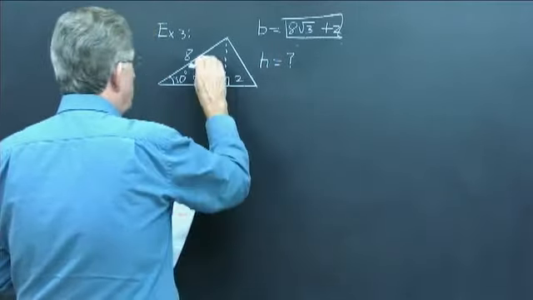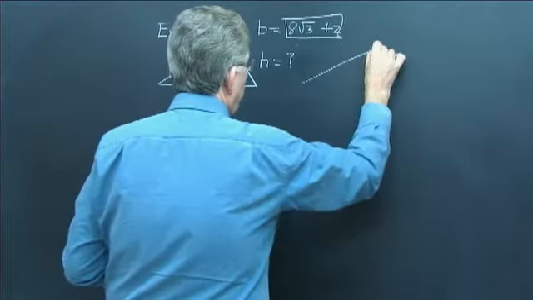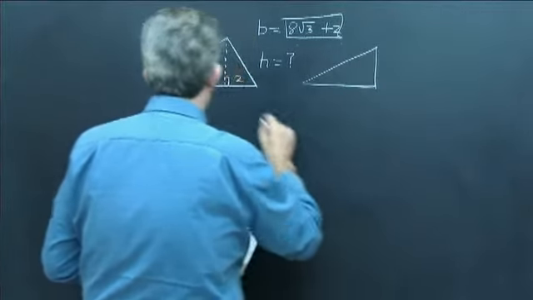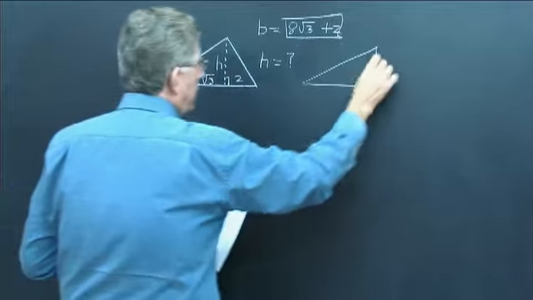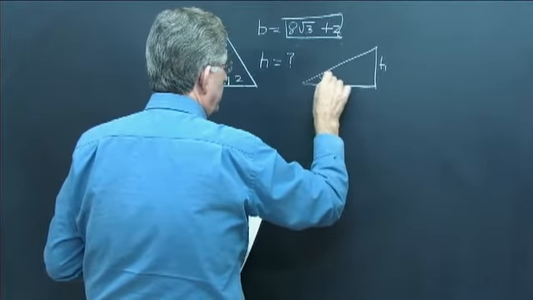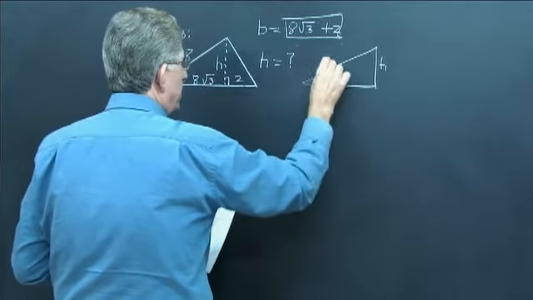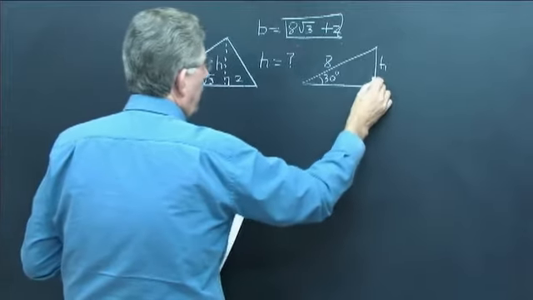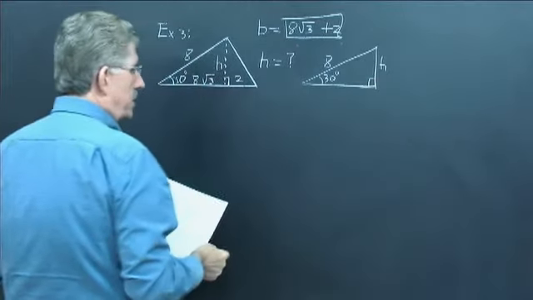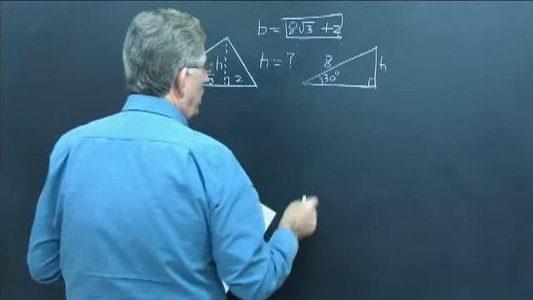So let's use this triangle right here. Let's just draw that triangle again. That triangle, that is H right there. Here is the 30-degree angle. Here's a hypotenuse. It's the 30, 60, 90 triangle. So here's what we can say.